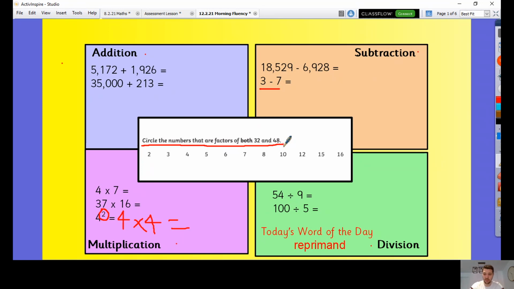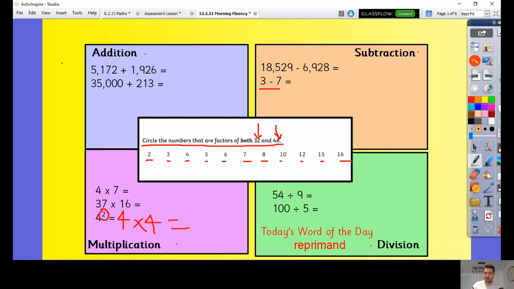So 2 and 5 are factors of 10 because if I keep going my times tables, I reach that number. I would suggest doing a factor beetle for 32, a factor beetle for 48, and then seeing which numbers are factors of both 32 and of 48.